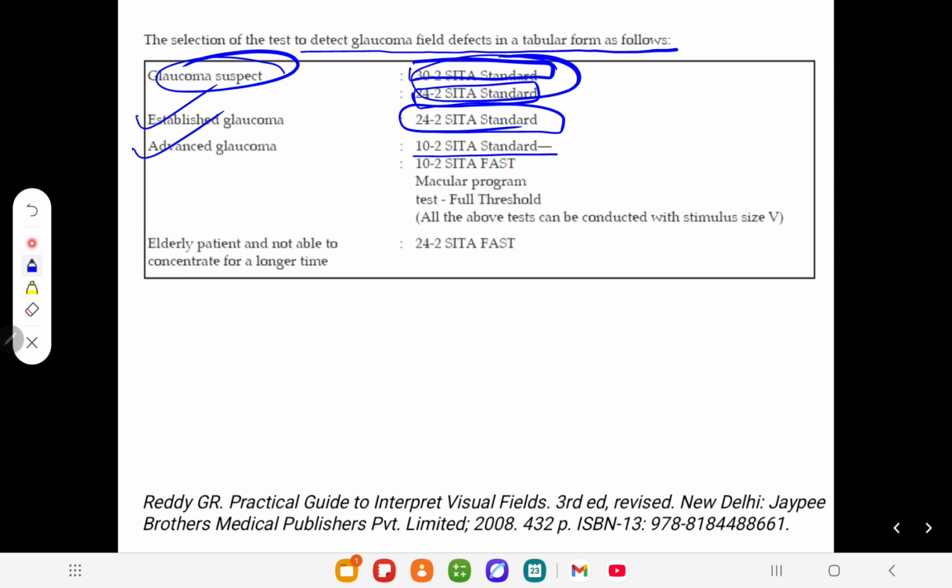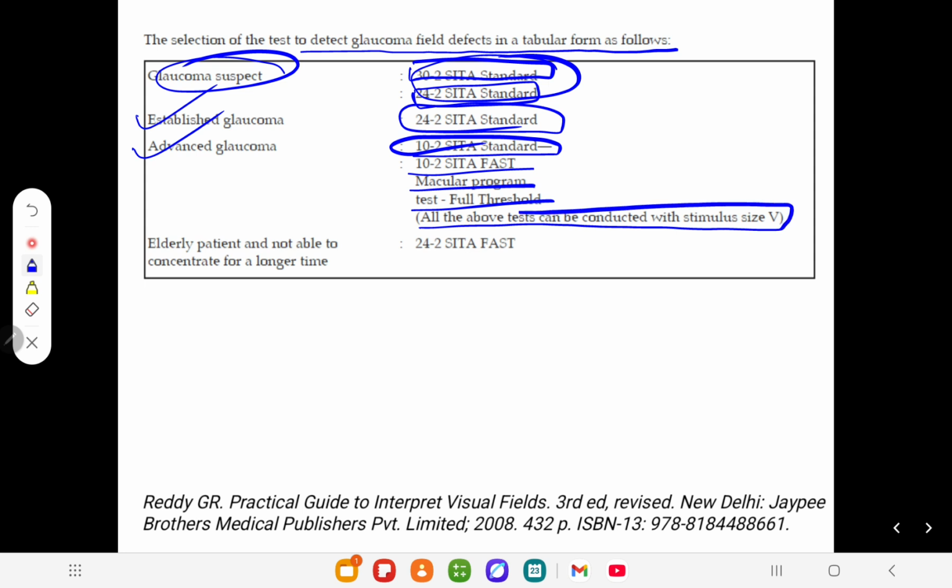At that time, 10-2 SITA standard or 10-2 SITA fast would be better. And if you move deeper, advanced glaucoma, macular program definitely full threshold.